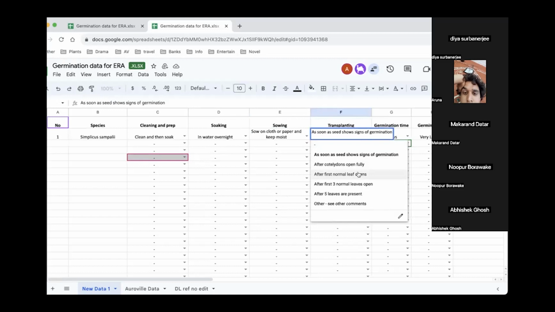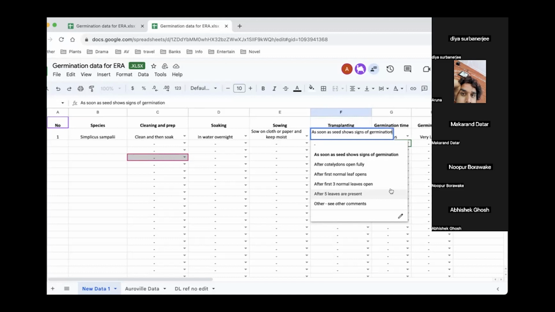Transplantation. Again, when do you transplant the seed from your seed bed? So assuming that you're growing them in a seed bed or a seed tray, some species we transplant as soon as the cotyledons are fully open. Other ones we leave until we have more leaves.